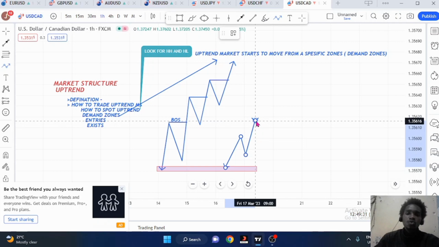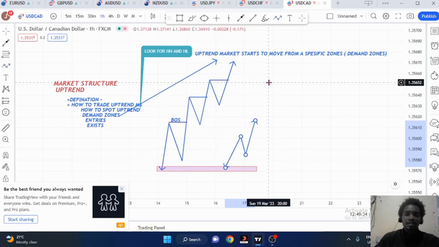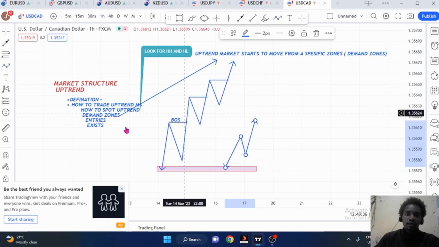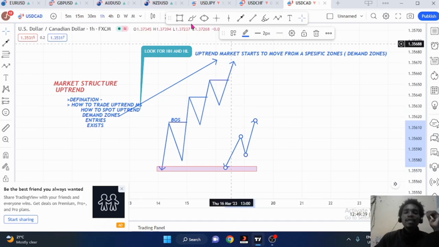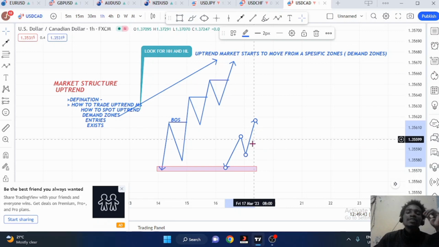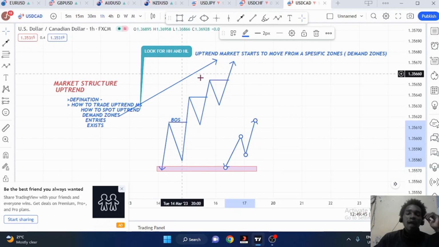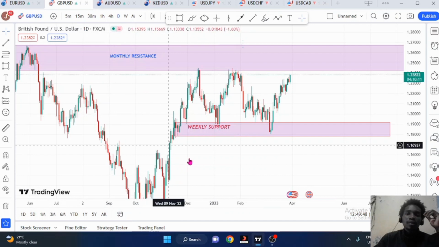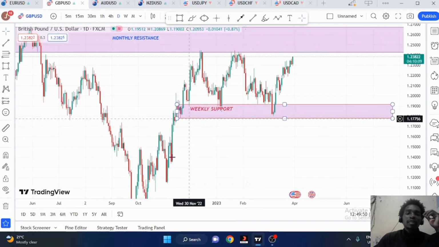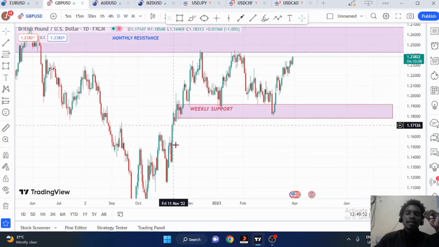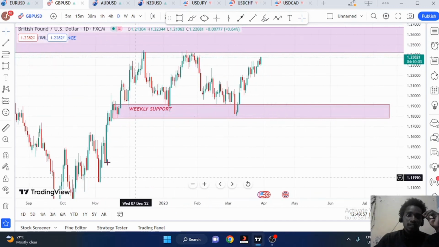I will show you how to identify a demand zone. A demand zone is identified when the market is moving upward, making a green candle on this chart.